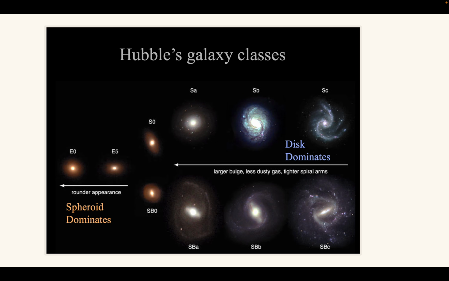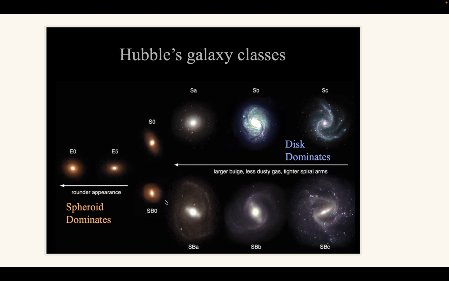For the spiral, there are two types. That is the lowest level spiral, you can say S0 or SB0, and from S0 there are SA, SB, SC. Those are spiral galaxies and E are the elliptical galaxies. The spheroid dominated E0 has zero ellipticity, the spheroid kind of galaxy.